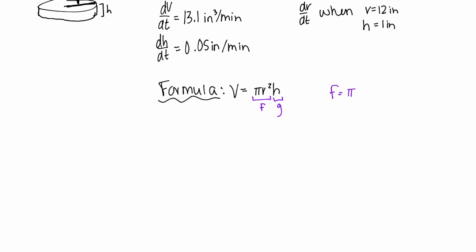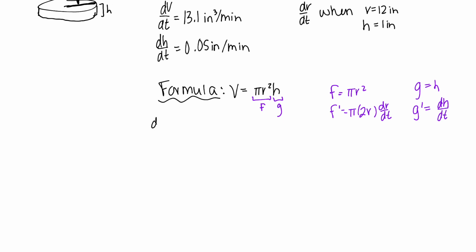So f is equal to pi r squared. f prime is going to be pi times 2r times dr/dt. g is going to be h, and g prime will be dh/dt.